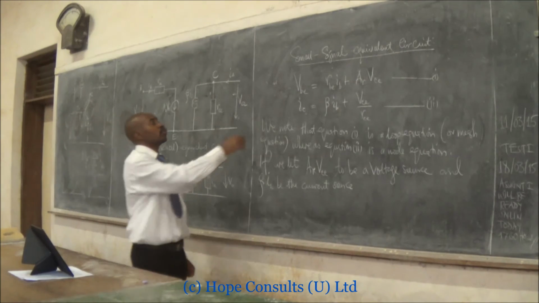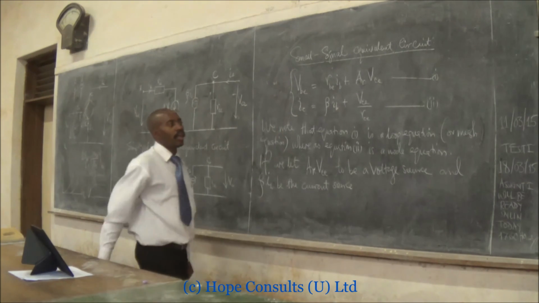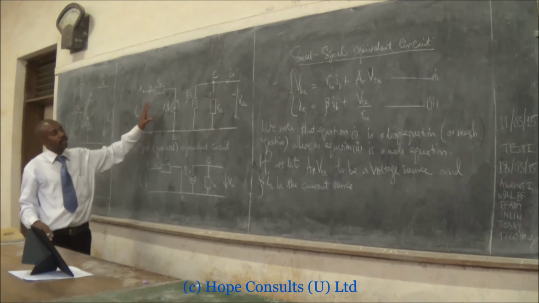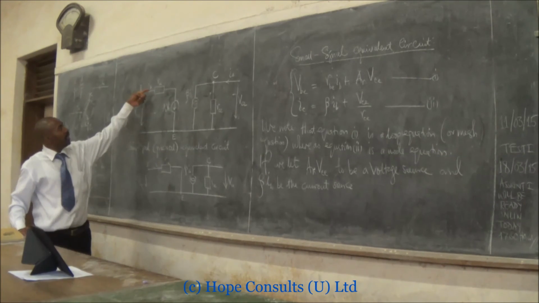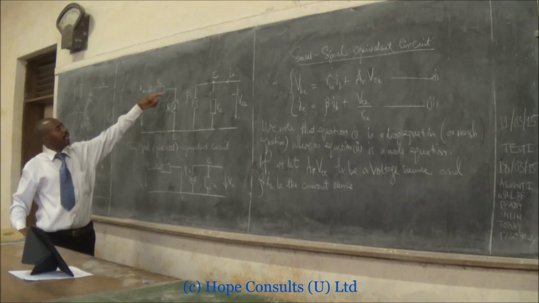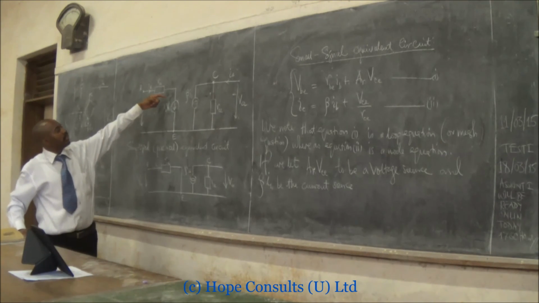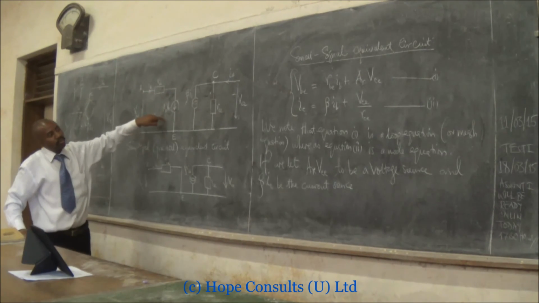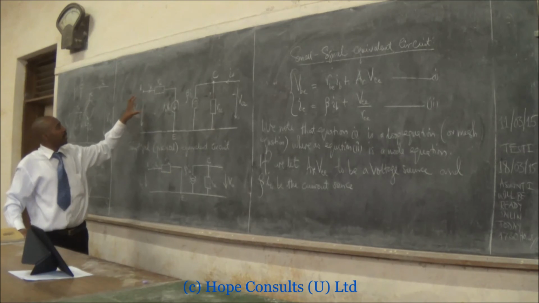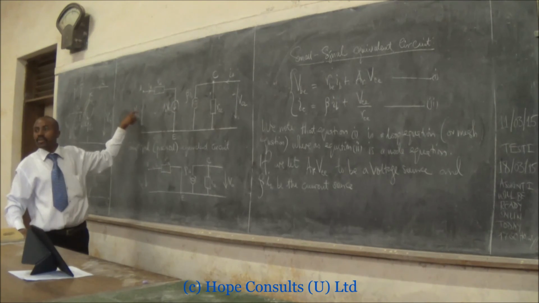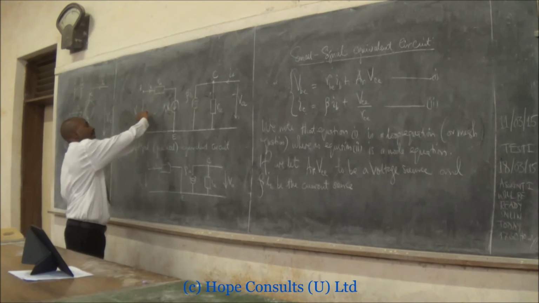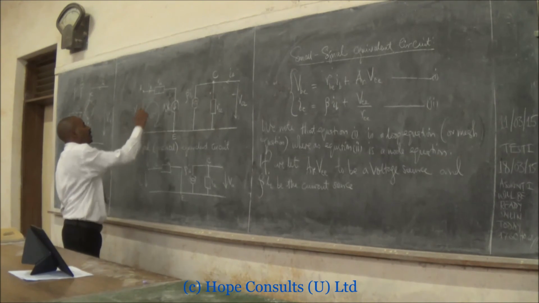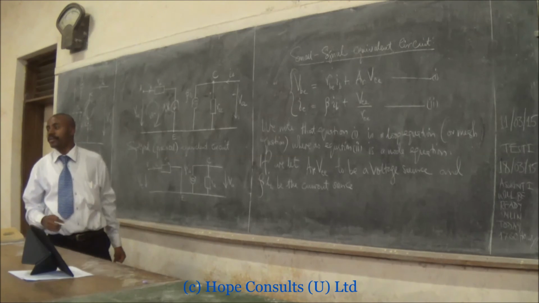And this was to make sure that we get these equations in the form of a diagram, where VBE will be the same as IB RBE, plus this other part here. So the sum of the voltages is equal to the sum of the PDs, and that's why we say this equation 1 is the same as the loop equation.